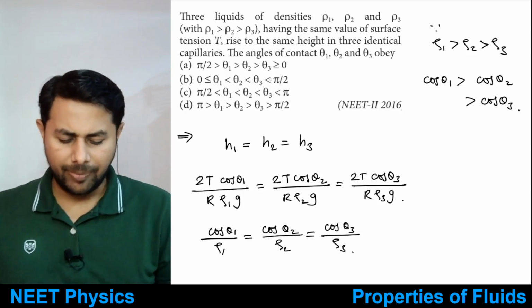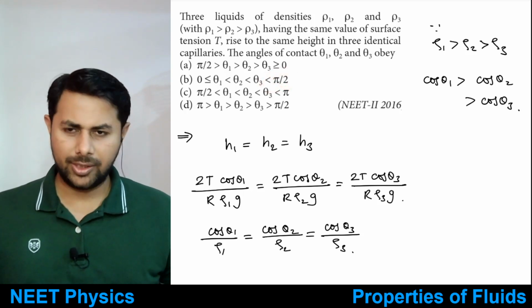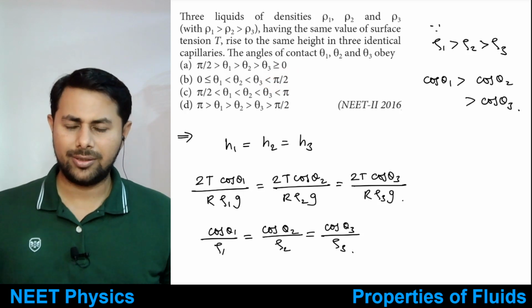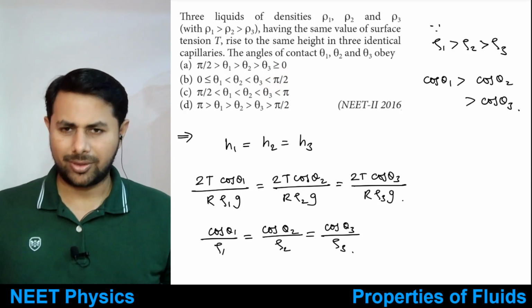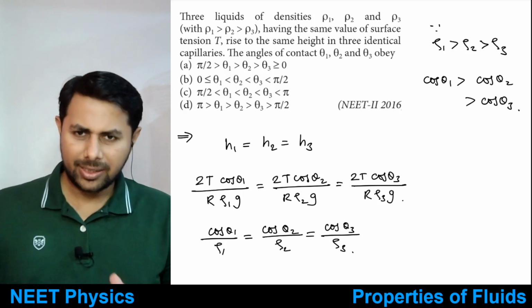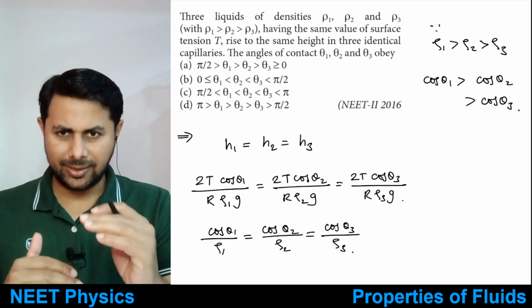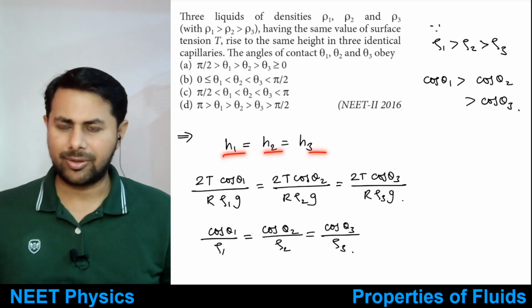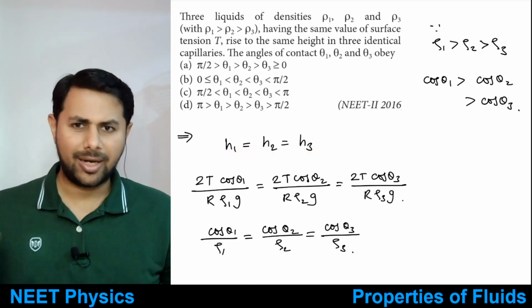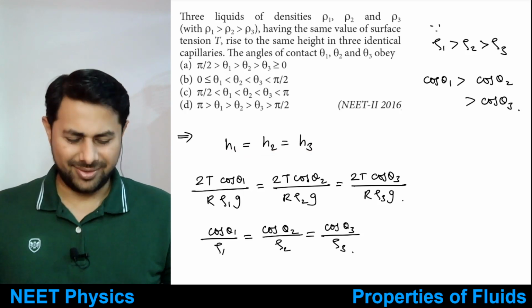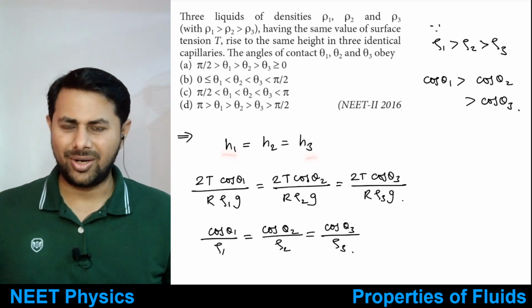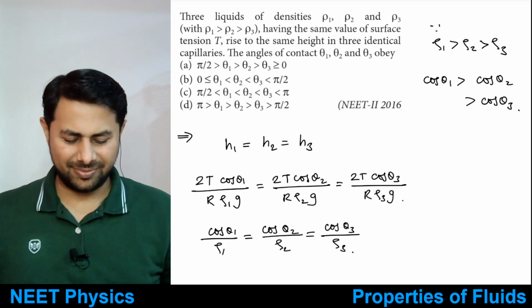Okay, why pi by 2? Because see, why are we not considering angles more than pi by 2? Because if angles are lesser than pi by 2, then only the liquid will rise, and they say that heights of the liquid columns are equal. That means they are all positive or all negative. Okay, either all positive or all negative.